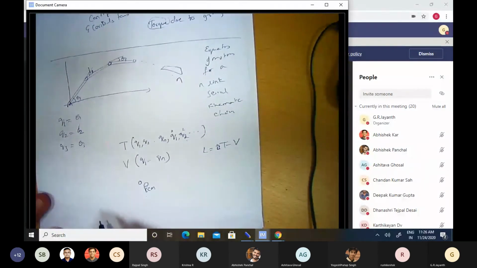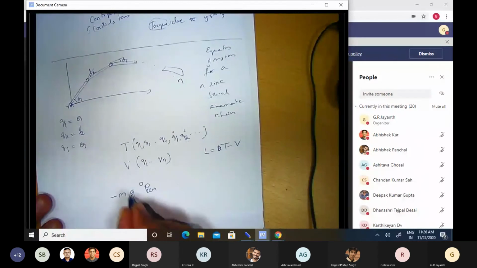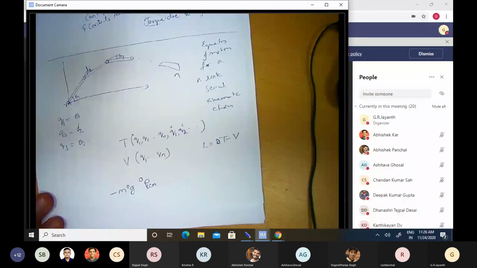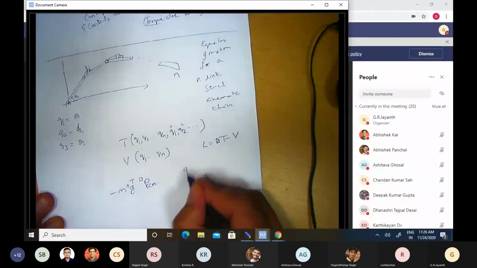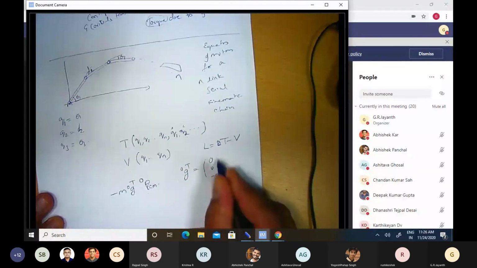Then the potential energy is given by minus m g vector, again represented in the 0th coordinate system, transpose times the position vector, where the g vector is given by 0, 0, minus g.